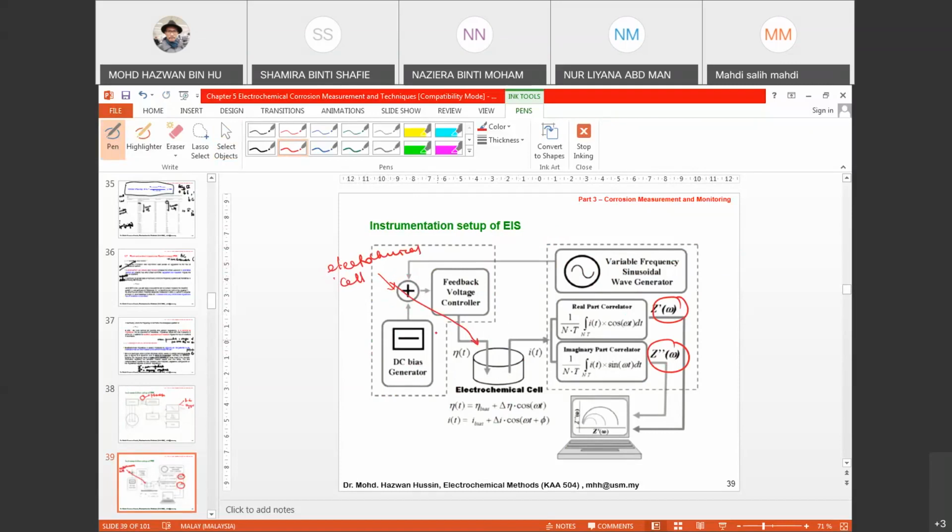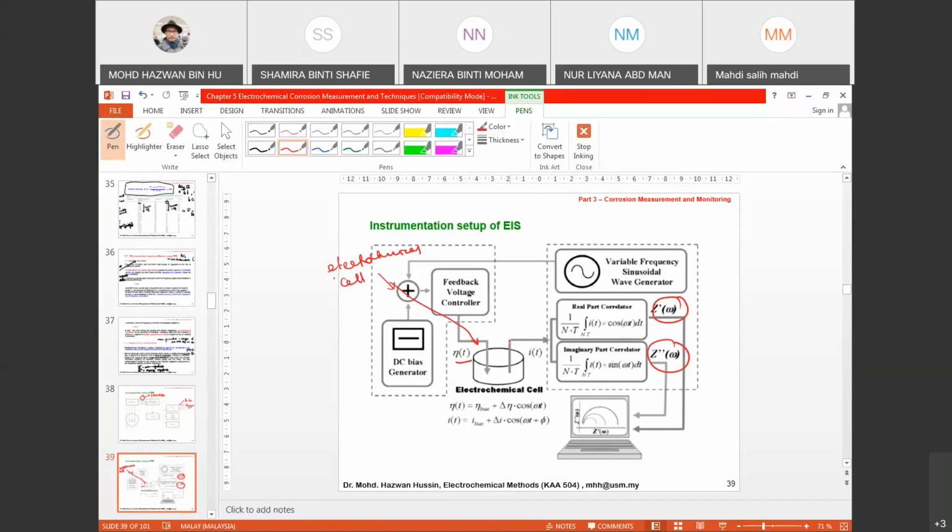Okay, and this is your supply. The supply is giving you a static potential, a constant potential value. When you do the measurement, it will give a response of current.